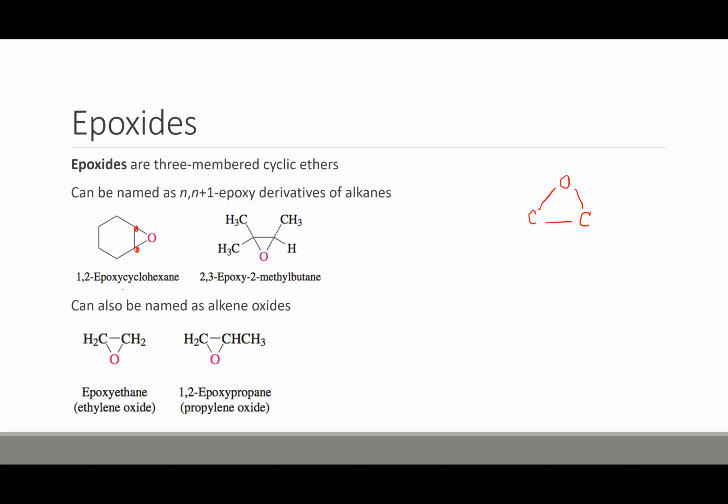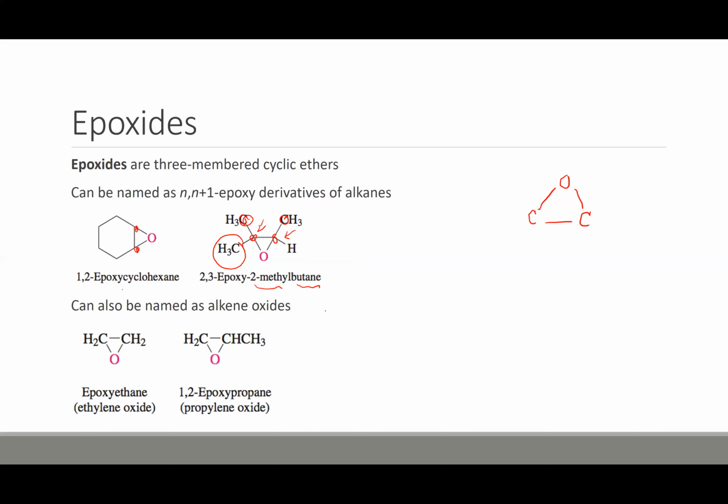It would be here, here, here, and here, making it a butane. Now notice that epoxy is on carbons 2 and 3, so it gets a name of 2,3-epoxy. And there is also this extra methyl group, which is where the 2-methyl comes from. It's on the 2 position. This is the main way that you name epoxies.